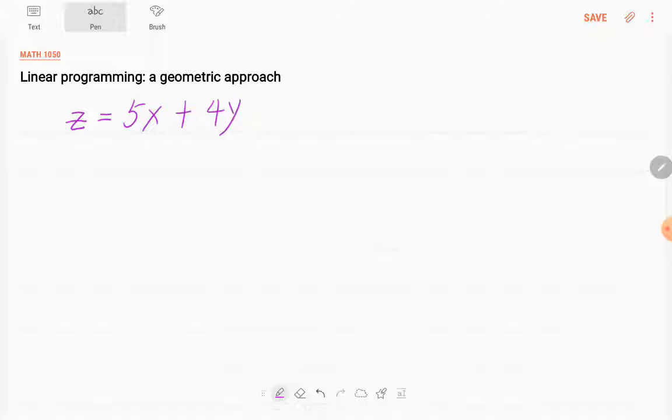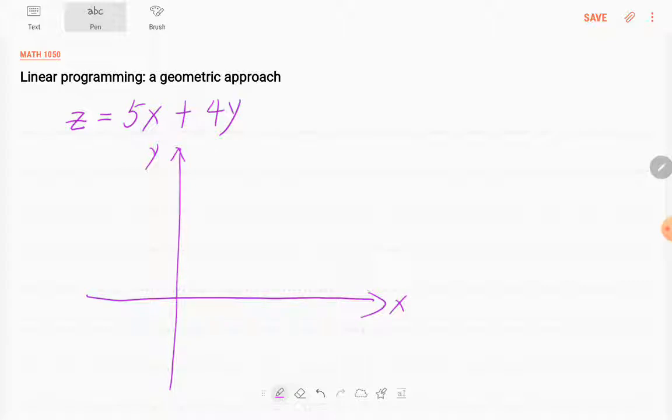If we put different constant values into z, then we have a linear equation, right? So we can draw the graph on our xy plane. This is x, this is y. Why is this true? It represents a straight line if you fix a z.